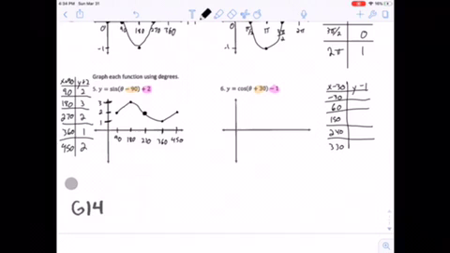Then since it's cosine, you're starting at 1. 1 minus 1 is 0. 0 minus 1 is -1. -1 minus 1 is -2. 0 minus 1 is -1. And 1 minus 1 is 0. So here we go. We're going to go -30 here.